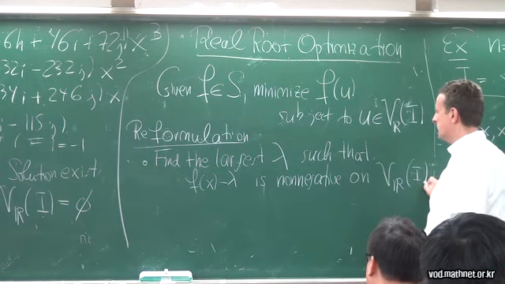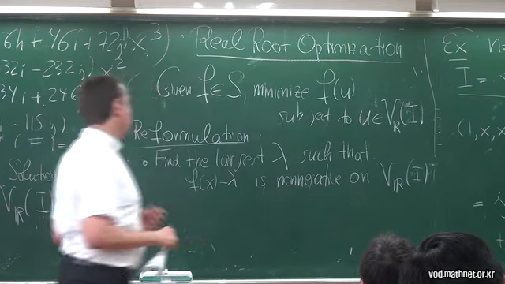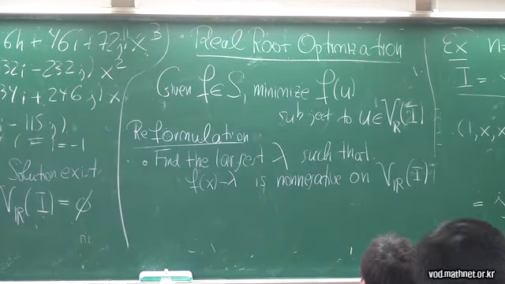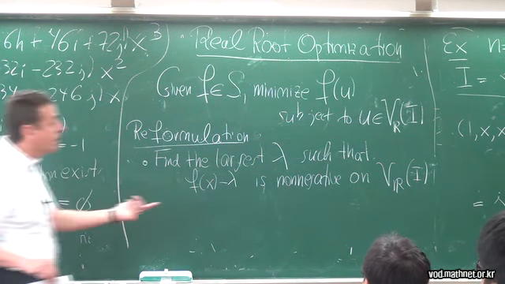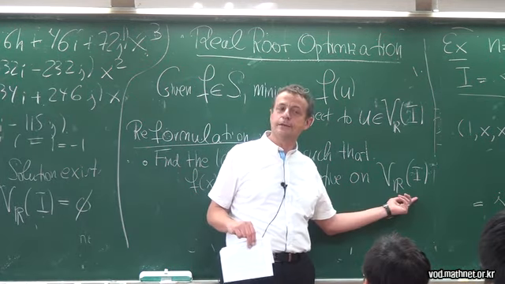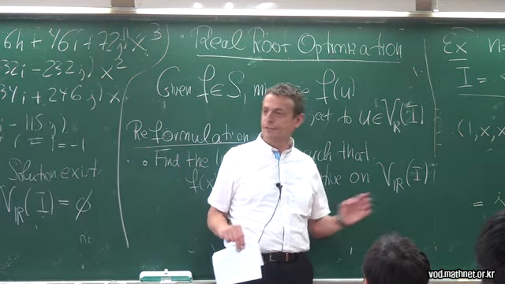Right? That's equivalent. So we want to find the best lower bound. We want to minimize some function, or equivalently, we want to find the largest lambda such that f minus lambda as a function on this finite set is non-negative. Is that clear? That's equivalent.